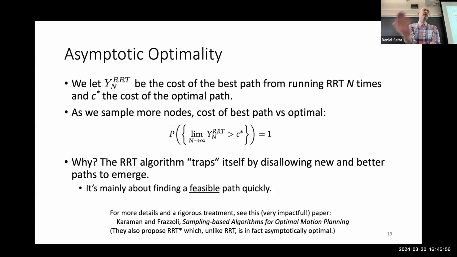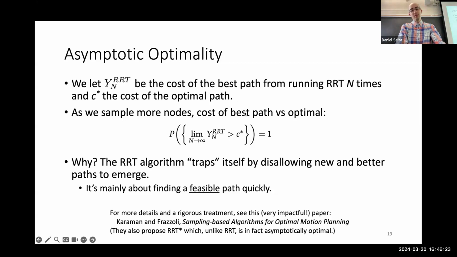If you want to think of the cost, just think of it as the distance from point A to point B, a simple sum of the distances of the edges, right? As you sample more nodes, the probability that your best path is more costly than the best cost will go to 1.